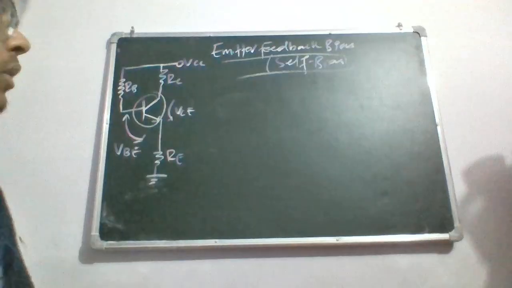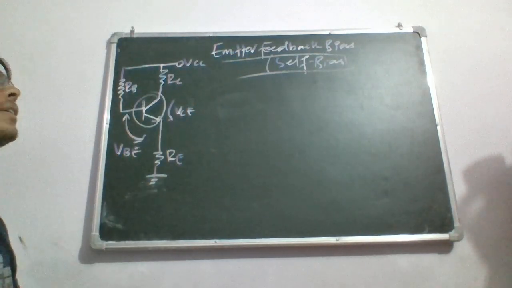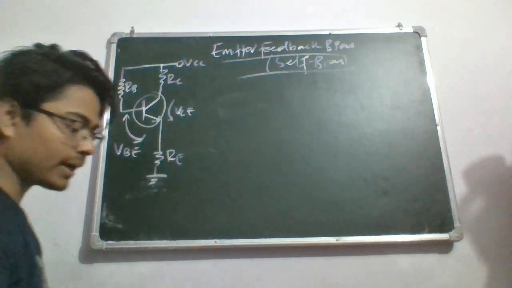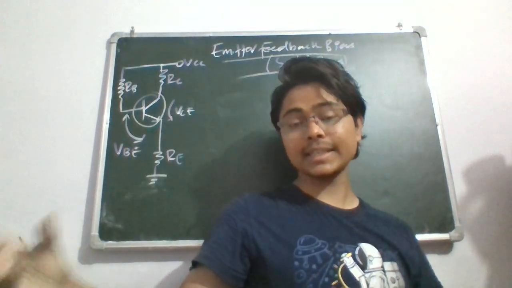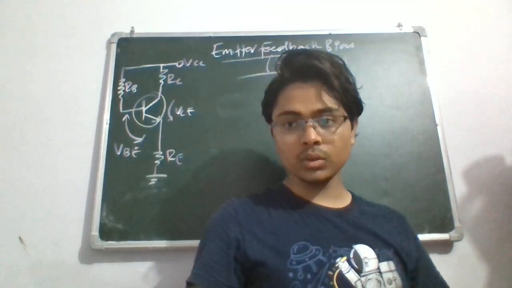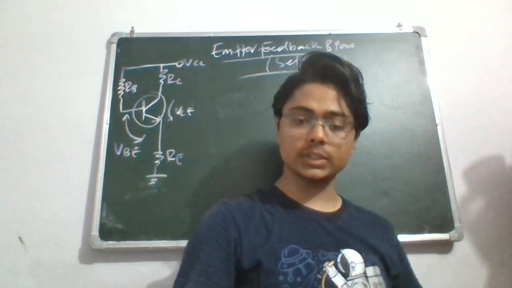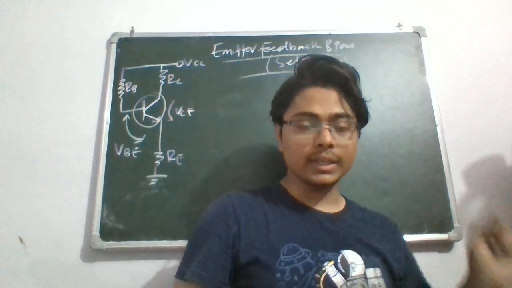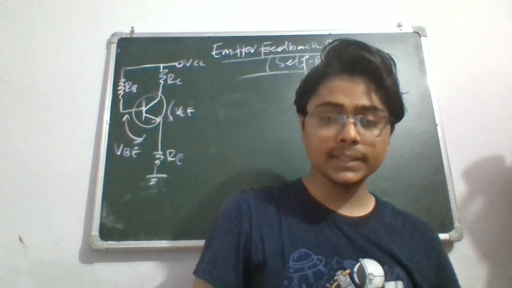This is something we call an emitter feedback bias, and the circuit looks like this. The word feedback here represents that whenever the output signals what to do to the input, then that is what we call a feedback circuit.